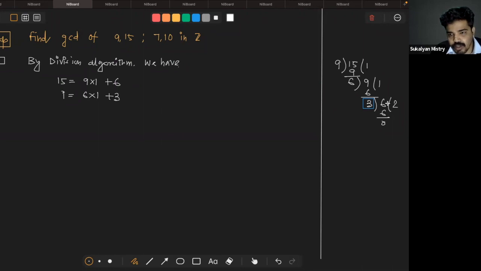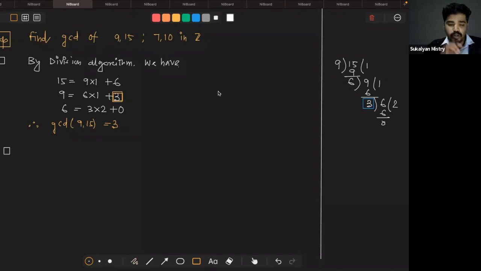Next 6 is equal to 3 into 2 plus 0. Then 3 is the GCD, right? So therefore GCD of 9 and 15 will be 3. I think clear. The next part, now we have to calculate the GCD of 7 and 10.